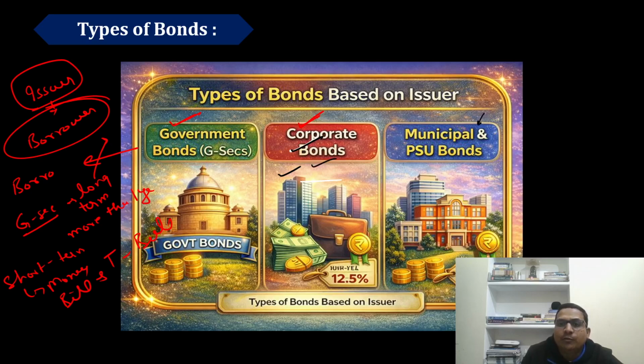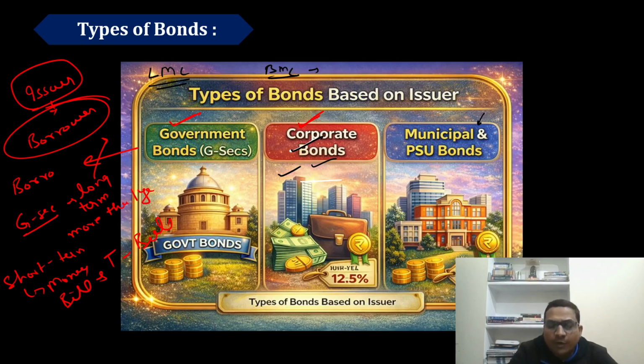And if they are issued by a municipal corporation, now every city has a municipal corporation. If you know the PMC, Bombay Municipal Corporation has launched its bond recently in 2022. Lucknow Municipal Corporation has released their bond.